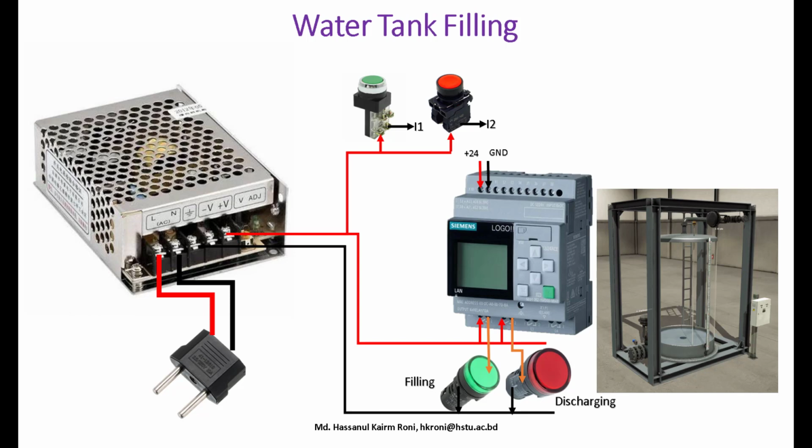It will be connected to the other port of Q2 and via the light to ground. So these two switches and these two indicator lamps are our inputs and outputs respectively, and they will demonstrate the whole operation of our discharging and filling the water tank. So let's see the hardware demonstration.